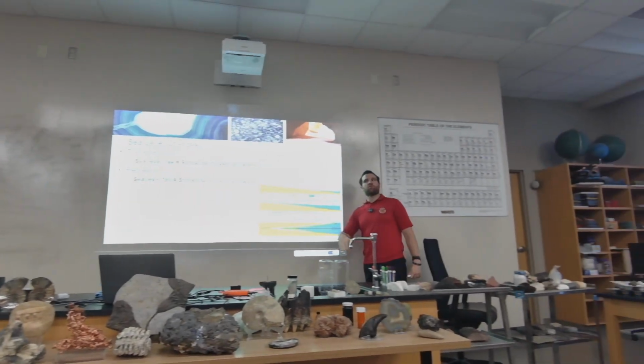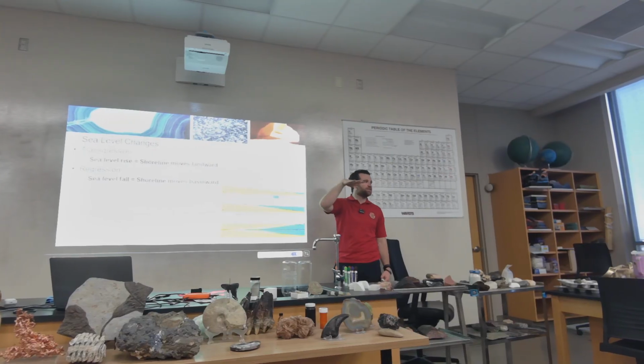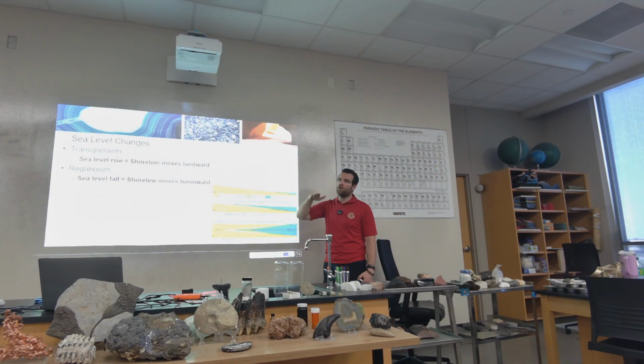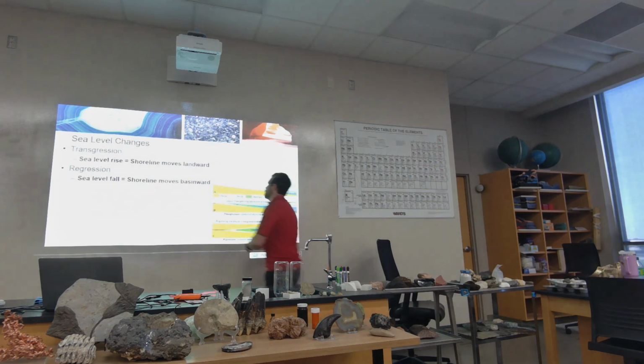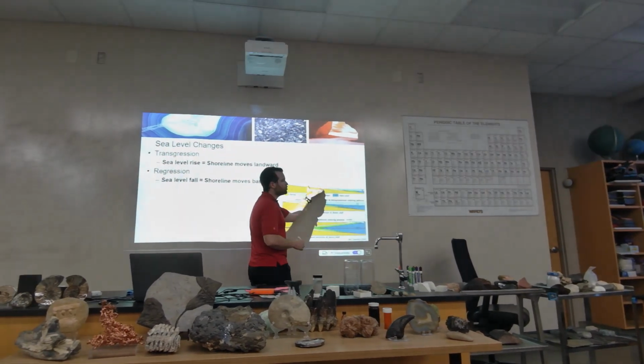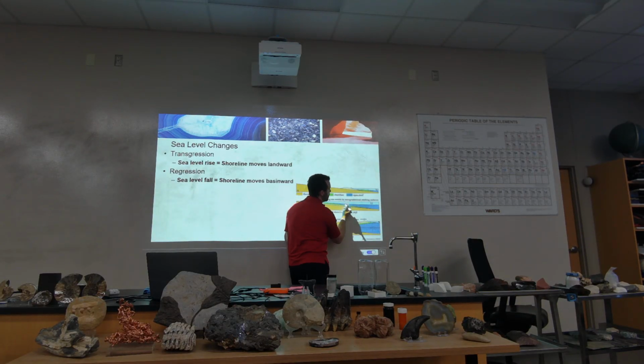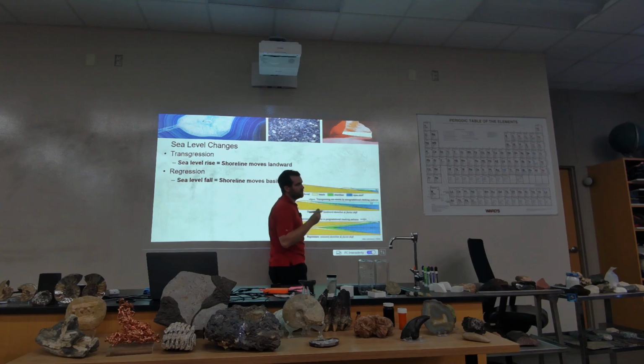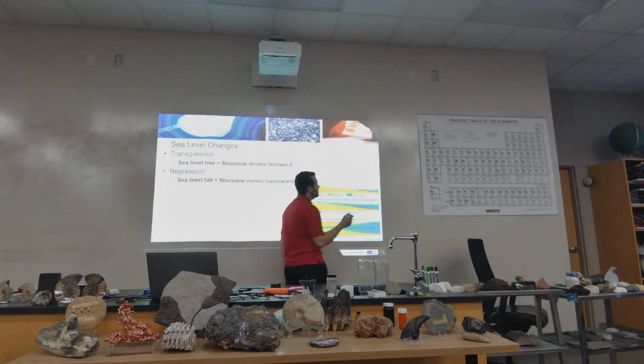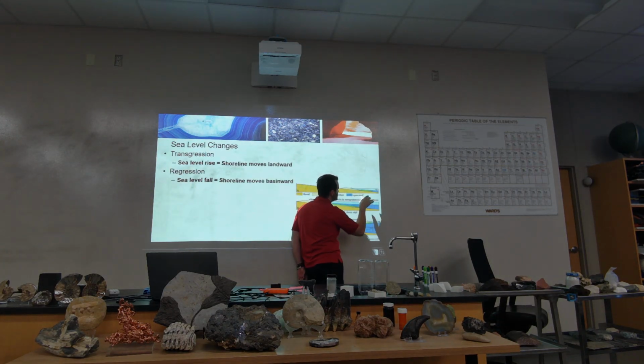When sea level rises, we call that transgression. When sea level falls, we call that regression. So right here, I have a transgressive sequence. Let's say that this represents 100 years ago. What do we have here? Shale. Or actually, right here, they're showing us a shallower water environment with a lagoon, but it doesn't explain it very well.